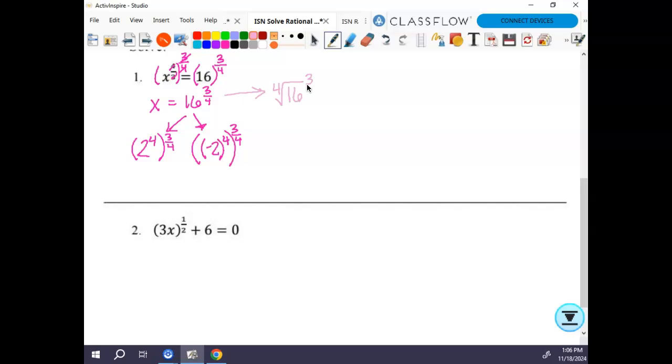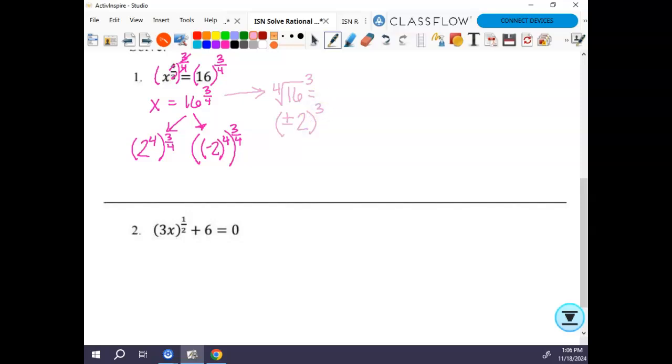And so since that's that 4, that's an even root, that's when I have to take into account the plus or minus. So to take the 4th root of something, you take the square root, and you take the square root again, and the square root of 16 is 4, the square root of 4 is 2, right? So this would be plus or minus 2, but then this has to be cubed.